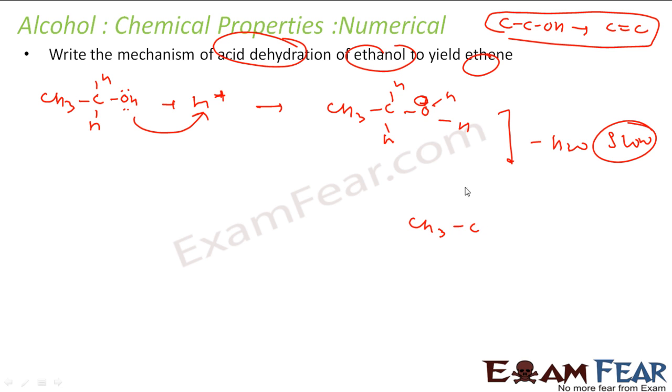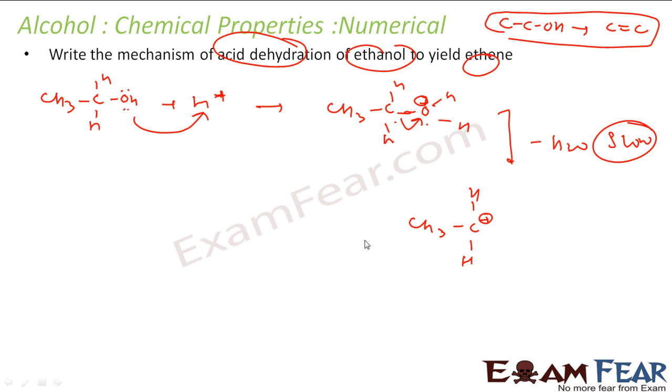Since this bond breaks in this fashion, this gets negative and this gets positive; the negative and positive combined become neutral, and this is positive now. So this carbon is positive, with H and H. This is a carbocation form.